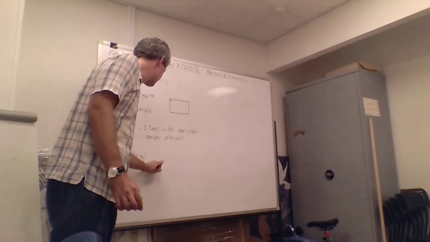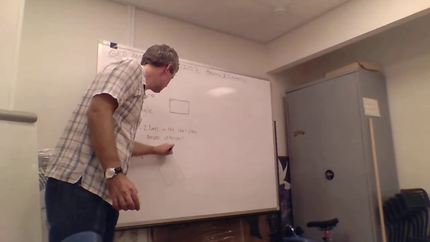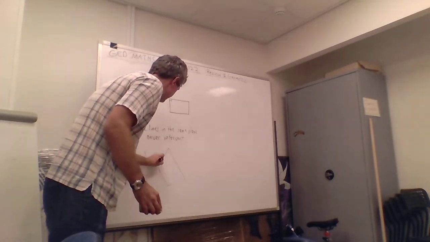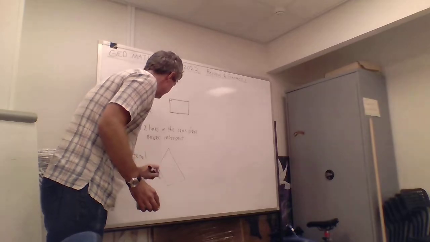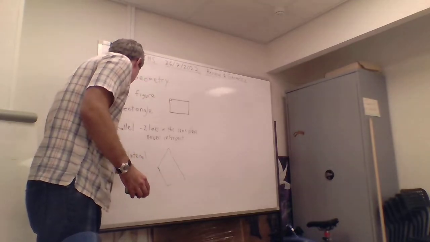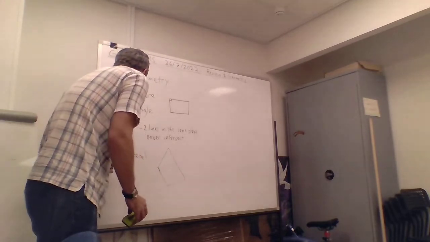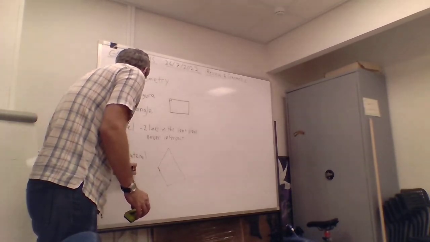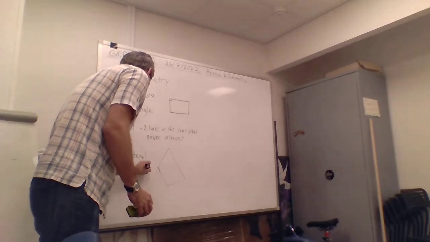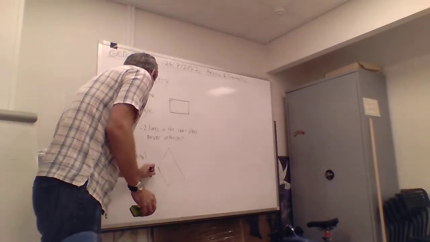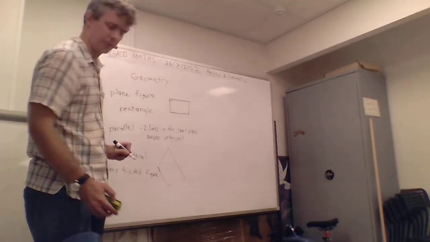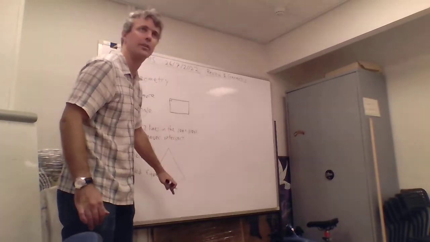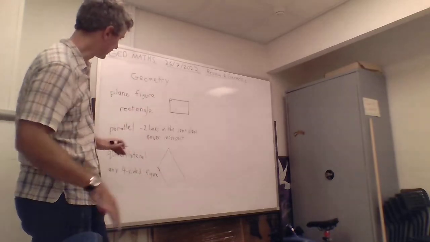The quadrilateral is basically any shape with four sides. Any four-sided figure. The key for these is that they're all composed of straight lines. So you make them out of straight lines.